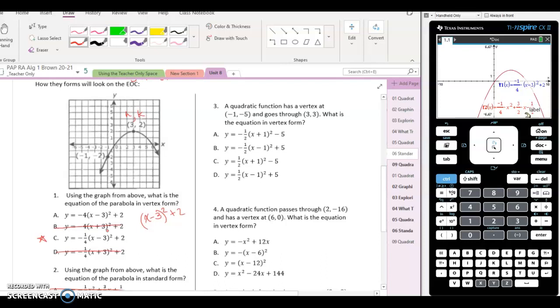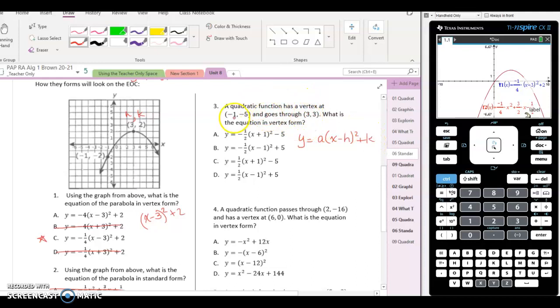All right, so number 3, a quadratic function has a vertex of -1, -5, and goes through the point 3, 3. What is the equation in vertex form? Okay, so first of all, we know that vertex form is y equals a times x minus h squared plus k, right?